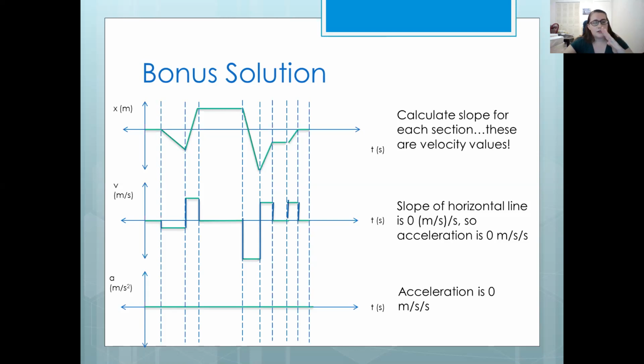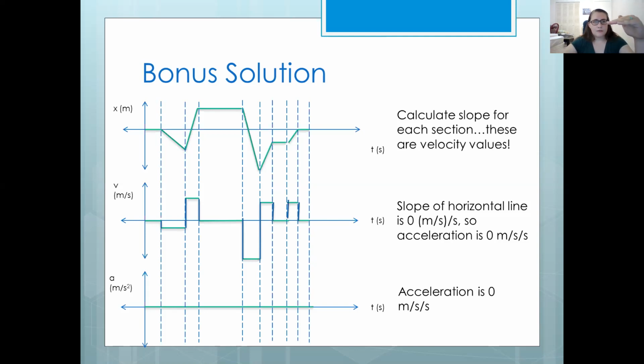The next section, we have a pretty steep positive slope, and I believe that slope is +2, if I remember correctly. Maybe it's 2.5. So we draw our velocity line at a constant 2 or 2.5, whatever it was, for that particular time interval. But you can see the velocity time graph is still a flat line, so our acceleration is still 0. So we draw a 0 acceleration there.